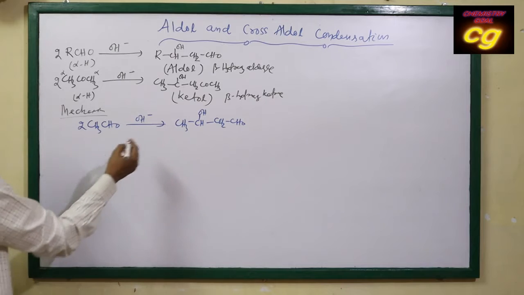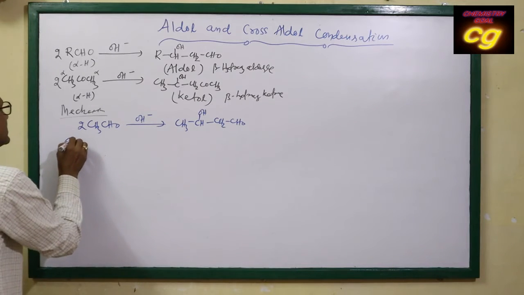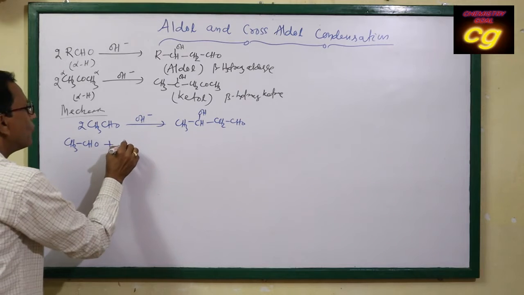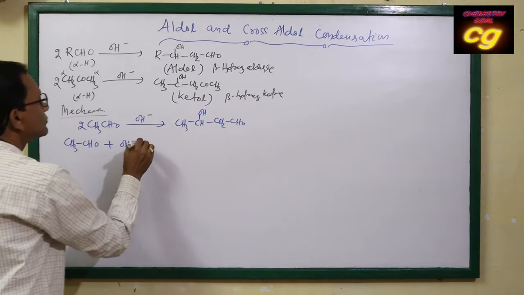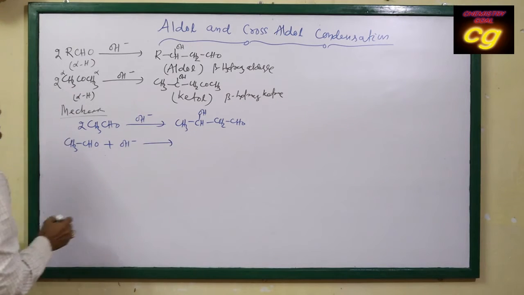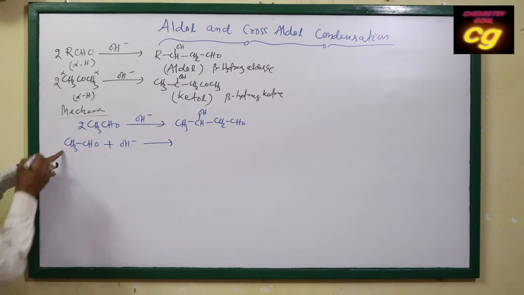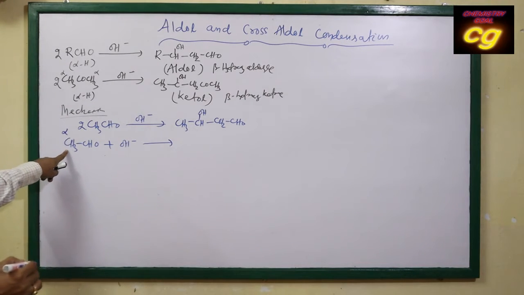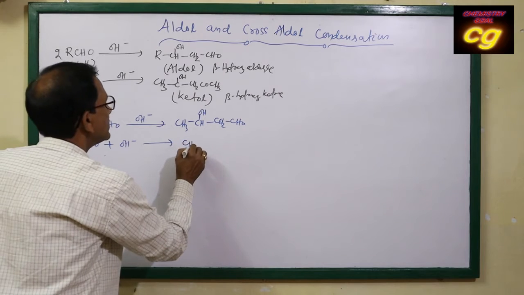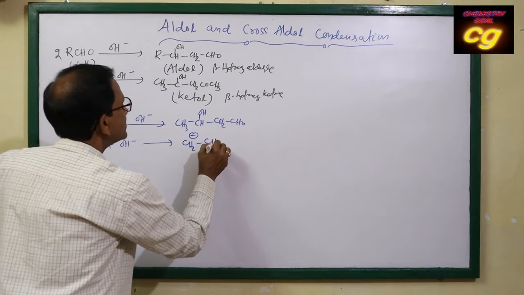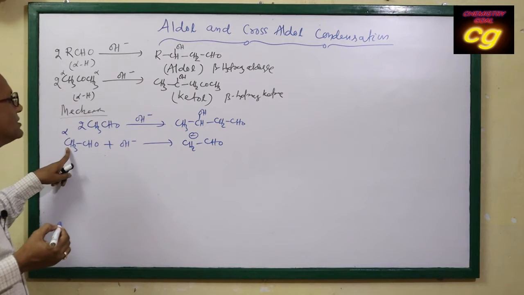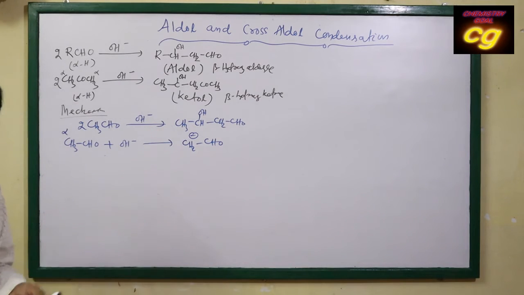What is the mechanism? In the first step, CH3CHO in presence of OH minus abstracts one hydrogen from the alpha carbon, so it becomes CH2 minus CHO. This loss of hydrogen produces a carbanion.